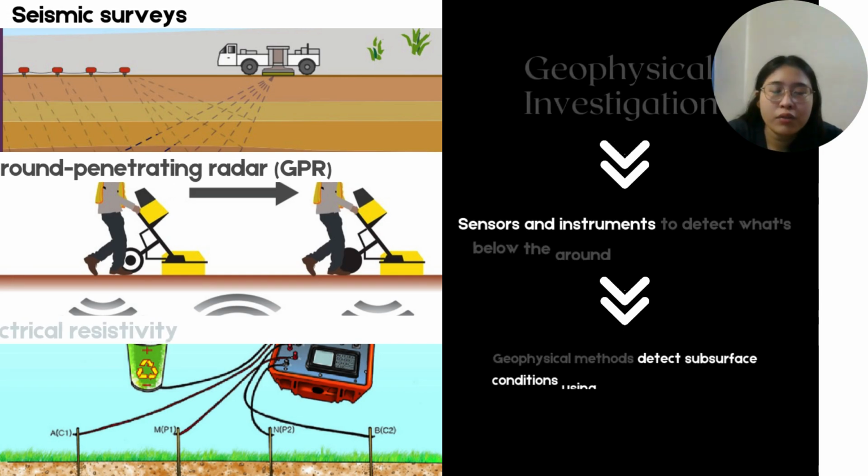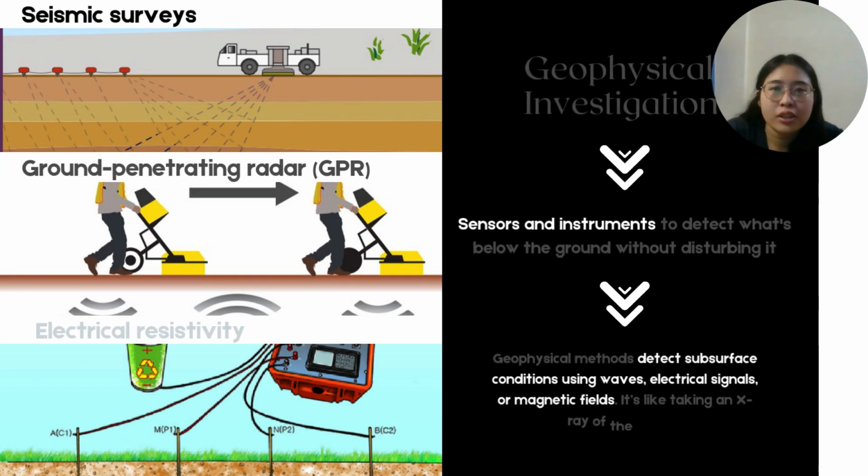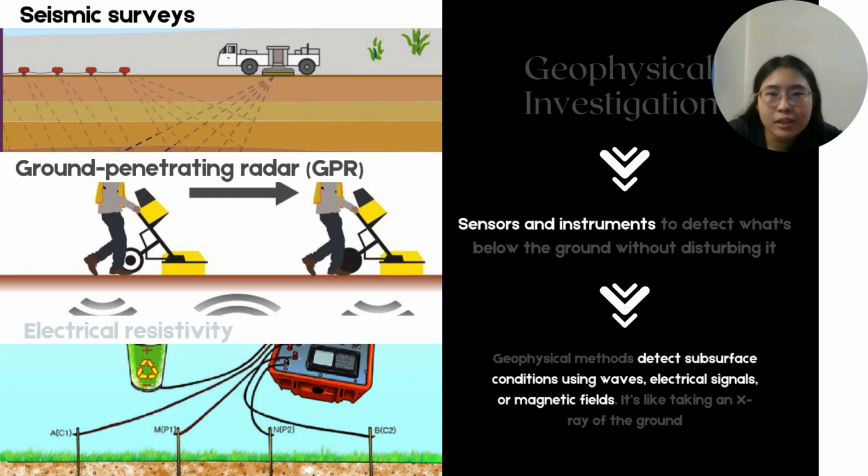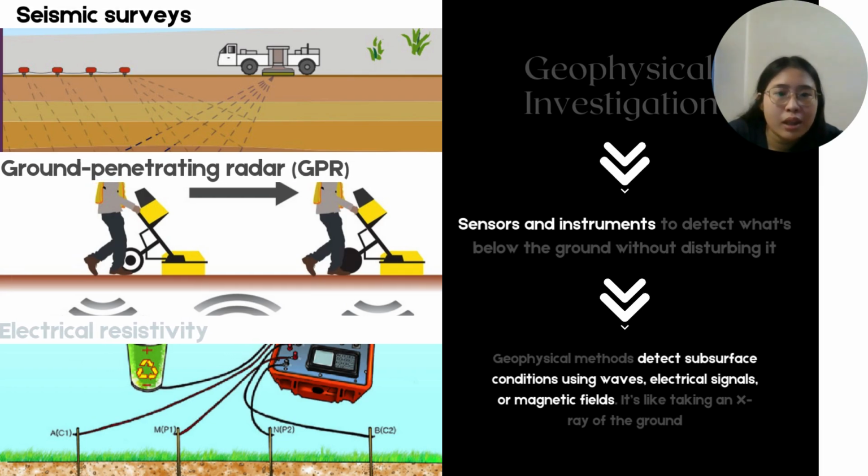Looking at geophysical investigations, they use sensors and instruments to detect what's below the ground without disturbing the soil surface. They detect the subsurface condition of the soil by using either waves, electrical signals, or the magnetic field. It's like taking an X-ray of the ground.